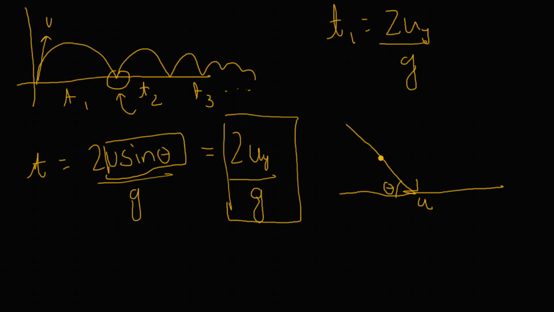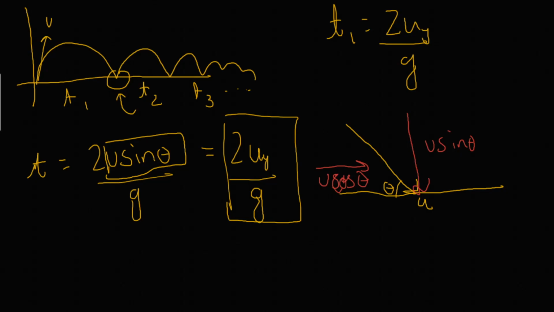Resolving this velocity into components, we get u sine theta downwards and u cos theta towards the right. Now let us apply the rules of collision to this collision.